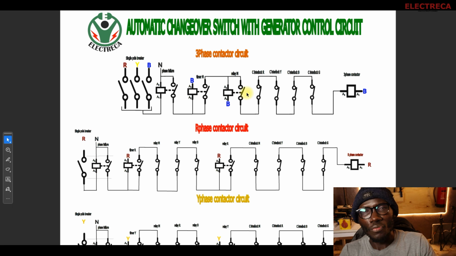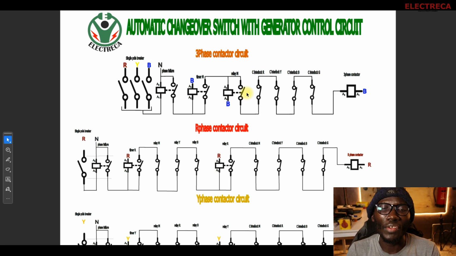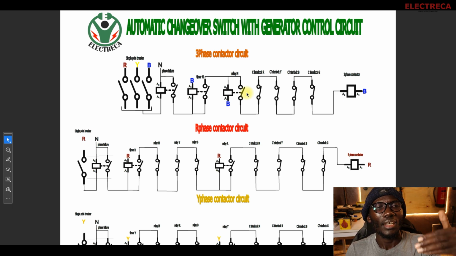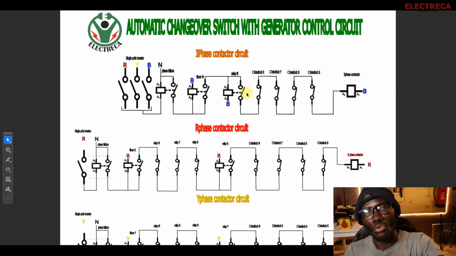So if you're using an 11-pin relay, remember, it will have 2 pins for the supply. And then you have 3 contacts remaining, because it is 1 common, and then you have a double throw, which is NO and NC.